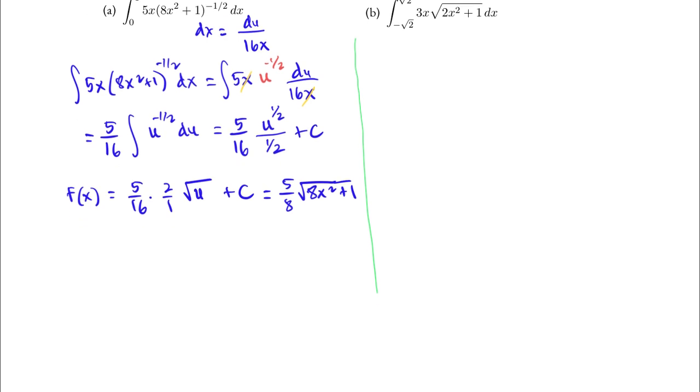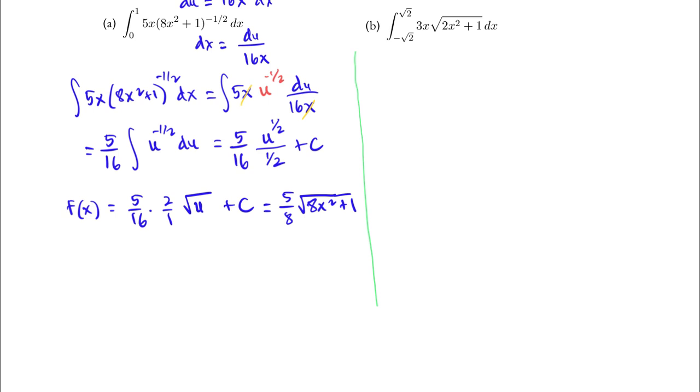We then evaluate this antiderivative using the upper and lower limits of integration. F of 1 equals 5 over 8 times the square root of 8 times 1 squared plus 1. 1 squared is 1, 8 times 1 is 8, 8 plus 1 is 9.